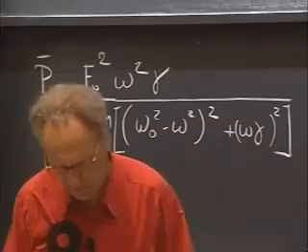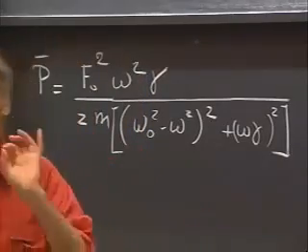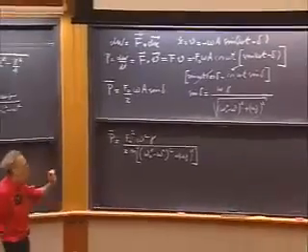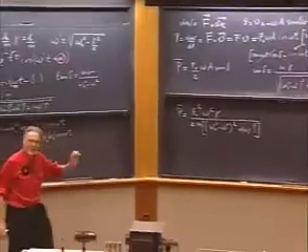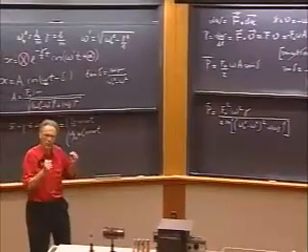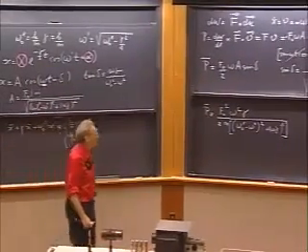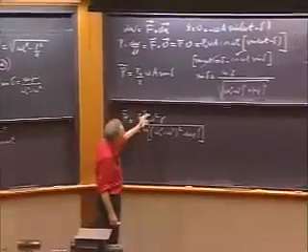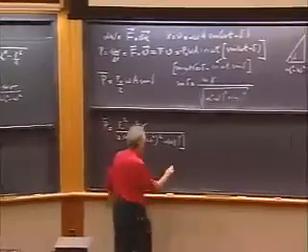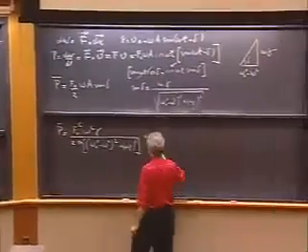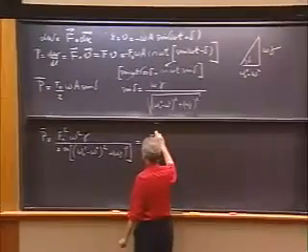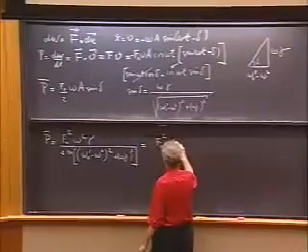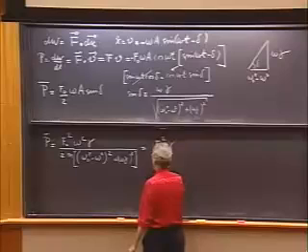Almost end of story. I'm going to rewrite it a little, and Tony French in his book rewrites it in, again, a different way. He loves to work with Q's. He puts the Q's in there. I'm going to divide upstairs and downstairs by omega squared. And when I do that, I get F0 squared. I get a gamma here. I get 2m here.